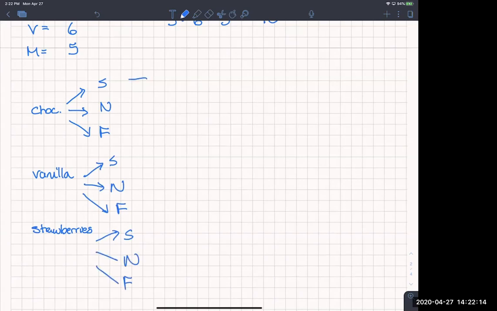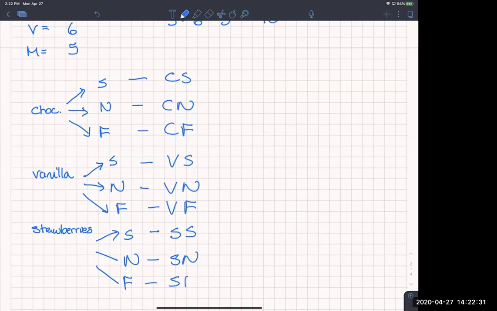So how many combinations? Well, you've got chocolate and sprinkles, chocolate and nuts, chocolate and fruit, vanilla and sprinkles, vanilla and nuts, vanilla and fruit, strawberry and sprinkles, strawberry and nuts, strawberry and fruit.